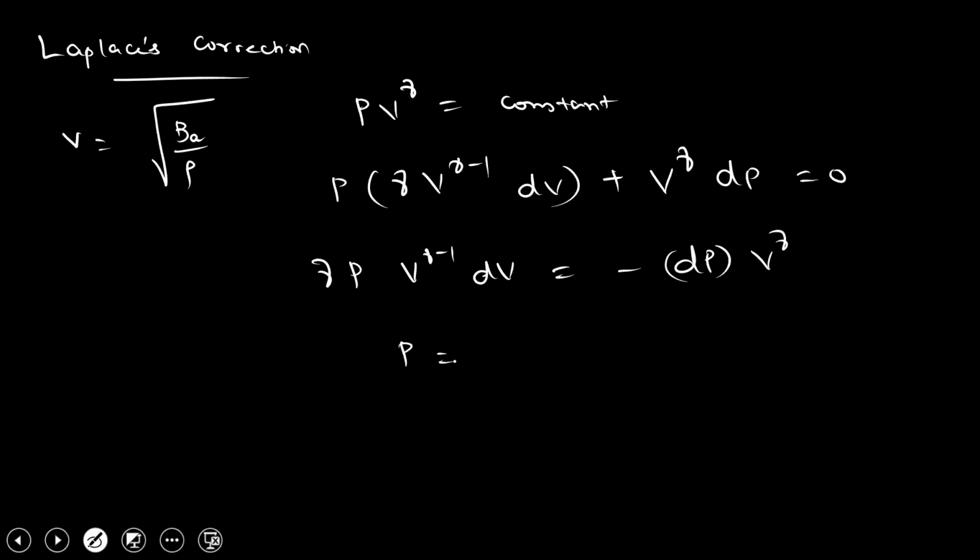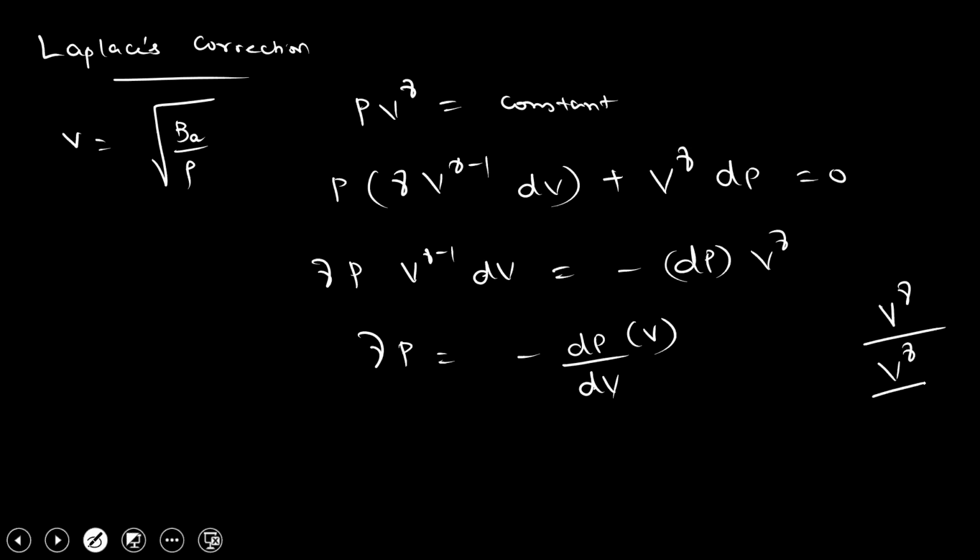So gamma times P will be equal to minus dP divided by dV, with V power gamma by V power gamma minus 1. Observe: V power gamma by V power gamma minus 1.